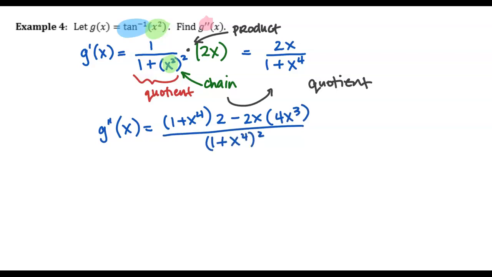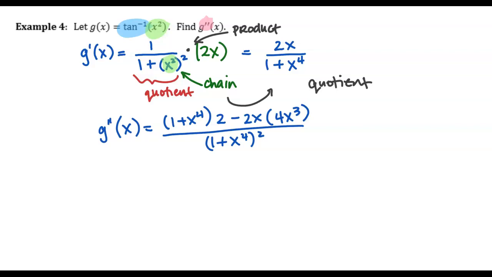You guys are pros at the quotient rule by this point. Now, here we're lucky. We don't seem to have any other reason that we should clean this up. They've asked us for the second derivative. They didn't ask us for any additional stuff. So not a bad place to stop, but you know I'm extra, so I'm going to keep going, especially because what if magical things happened and this is actually really pretty.